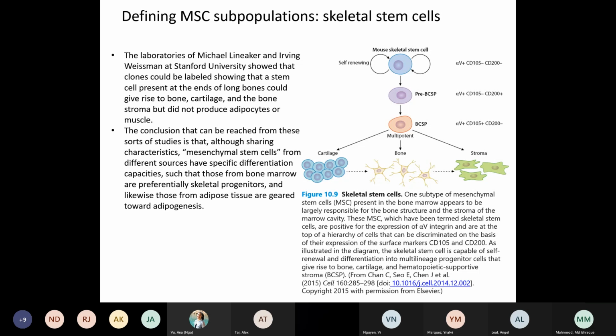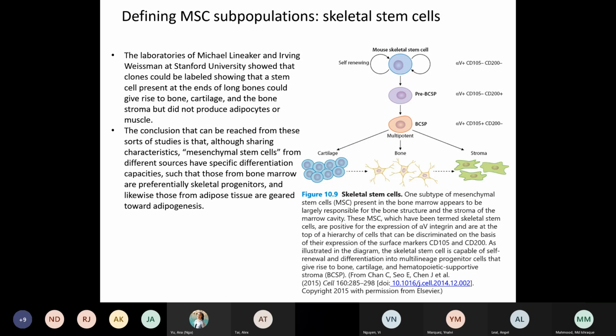I guess this paper is important because the conclusion here is that maybe mesenchymal stem cells share common characteristics, but at different places they have different potency, because maybe their environment changes their potency, or maybe they're different epigenetically.